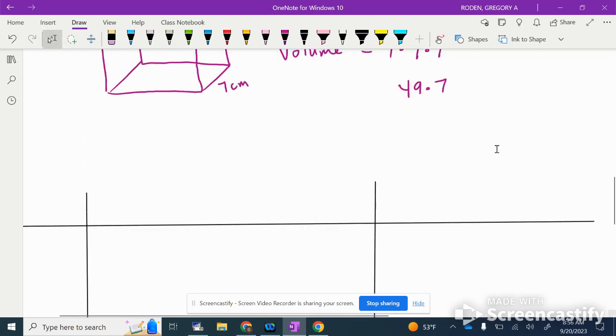Now at the top, this is going to be your number. Now here, this is going to be your number cubed.